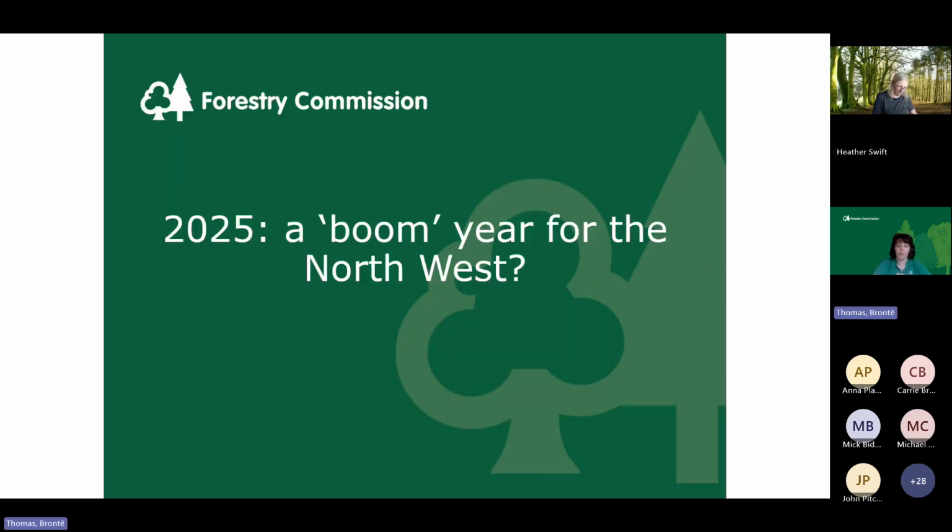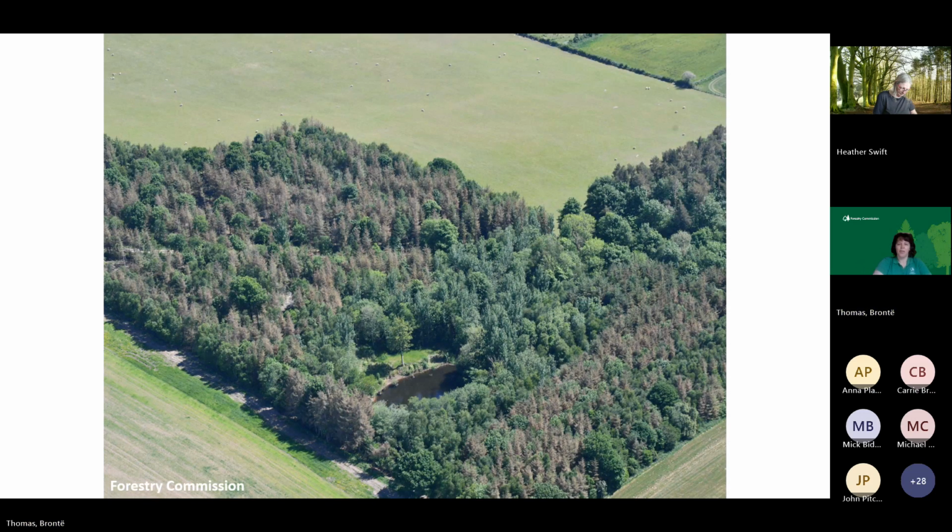So thinking about this boom year for the Northwest, we've got some lovely photos to share. These are photos taken from that aerial flight at the end of May. What we saw generally was a lot more defoliation and stronger symptoms, especially in Cumbria.